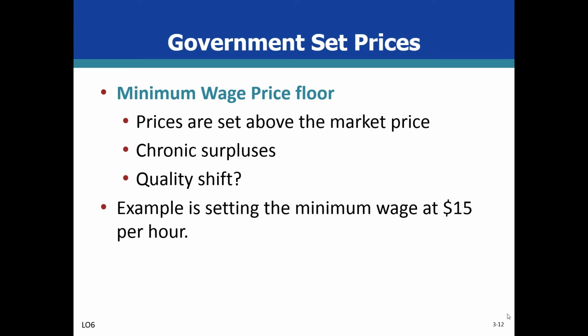The opposite happens with a price floor. Assume that the government mandates a minimum wage of $15 per hour for everybody. The price floor is above the market price of $10 an hour. We can already envision that the labor supply would be in a surplus.